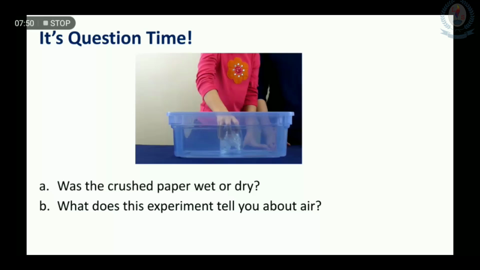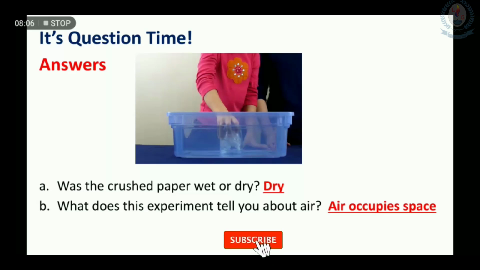What do you think? Is it wet or dry? Yes, definitely it should be dry. Okay. And what does this experiment tell you about air? Yes, it says that air occupies space since air is also taken as matter.